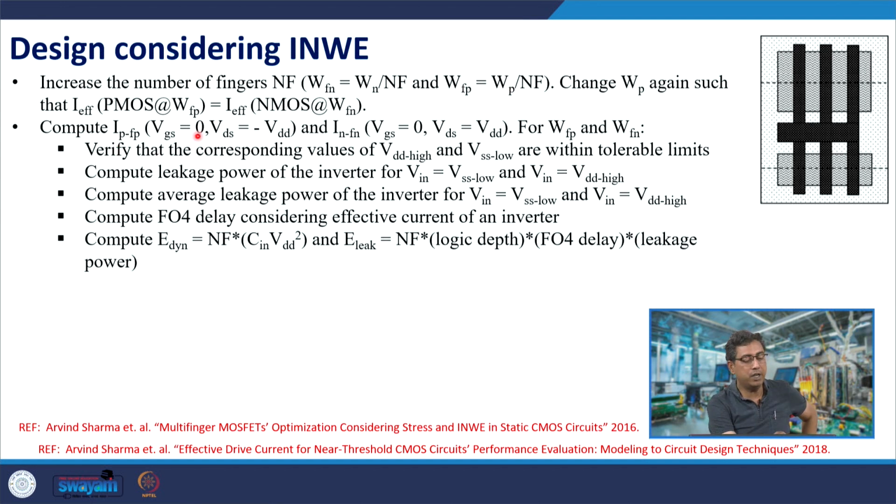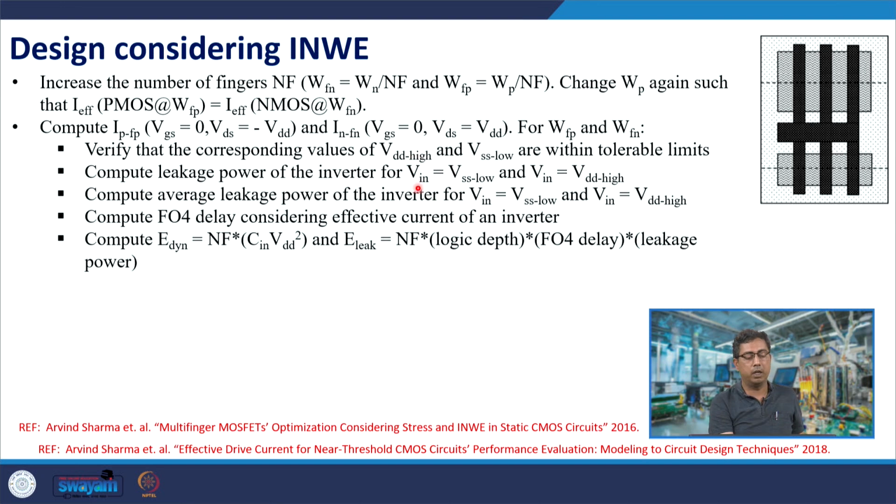So, now for each of the fingers taken separately, we will recalculate the leakage currents, and again verify that VDD high and VSS low are within tolerable limits. For all the fingers taken together or for each of the fingers, the calculations would come out to be the same.